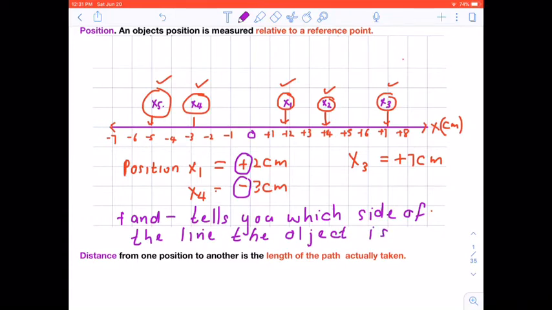So you need to know what a plus and minus tells you in terms of which side that particular object is.